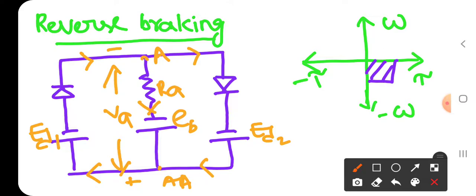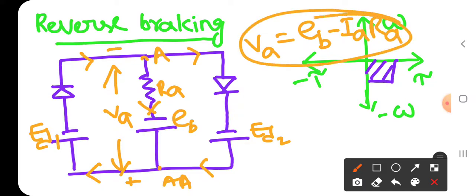So now we can write the equation for VA: VA is equal to EB minus IA into RA.